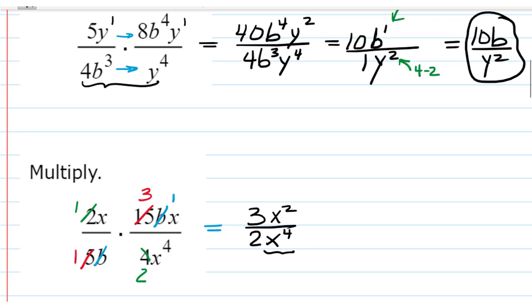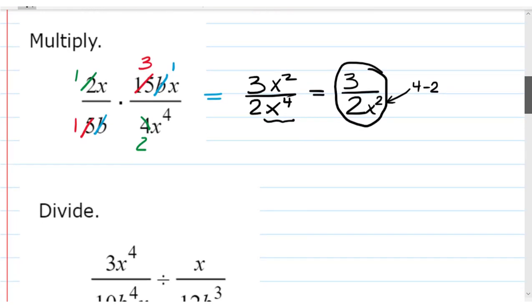So when we divide out those common factors, we're going to have some left over in the bottom, right? And how many are we going to have left in the bottom? Well, we can decide that by subtracting the number in the bottom minus the number in the top, which leaves 2 left in the denominator. So we have 3 over 2x squared.